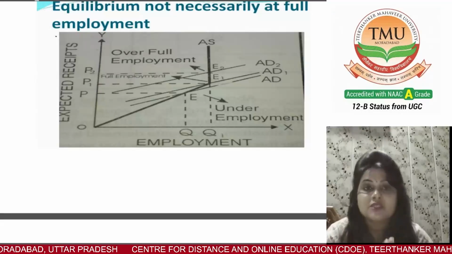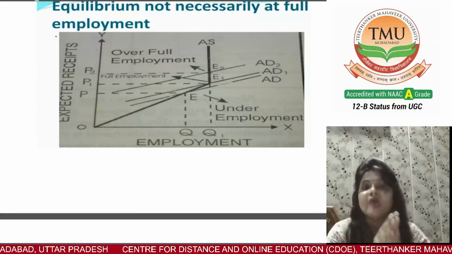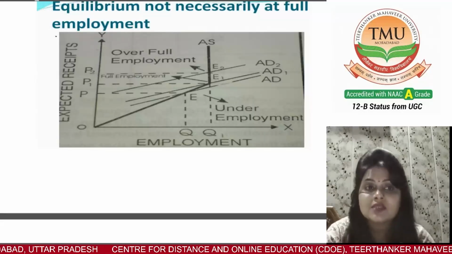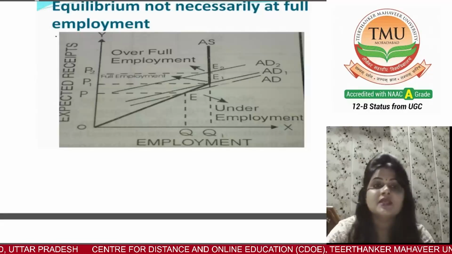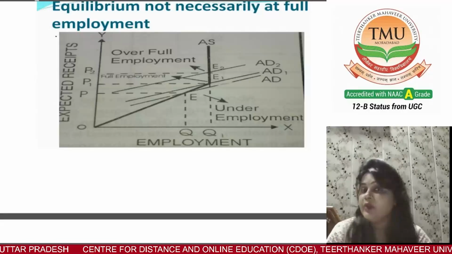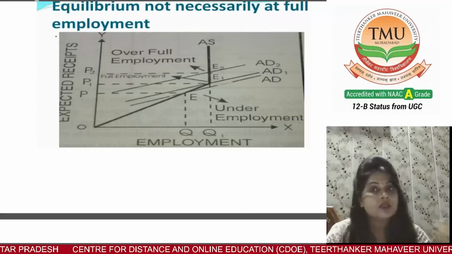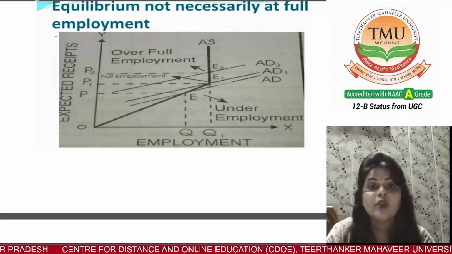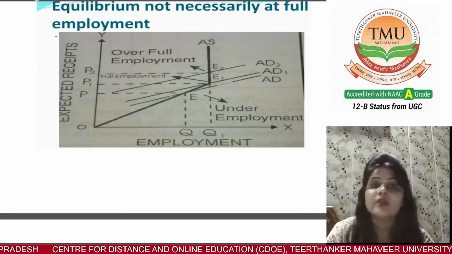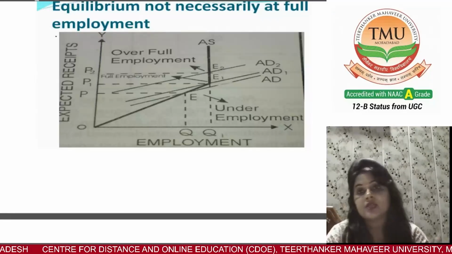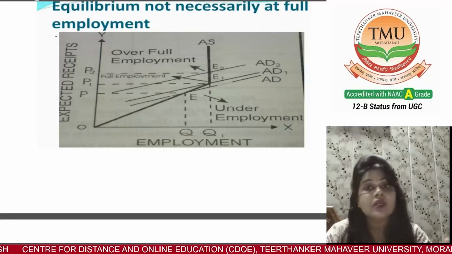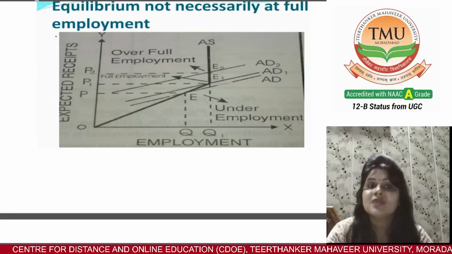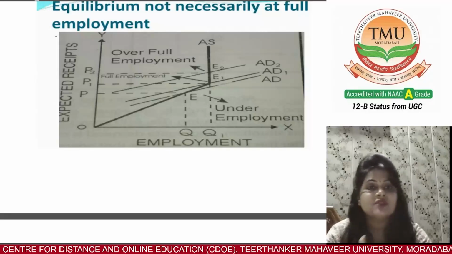The determinants of effective demand and the level of employment are consumption and investment. Briefly, we can say effective demand is equal to the value of national output, is equal to the volume of employment, is equal to national income, is equal to national expenditure, is equal to expenditure on consumption goods plus expenditure on investment goods.